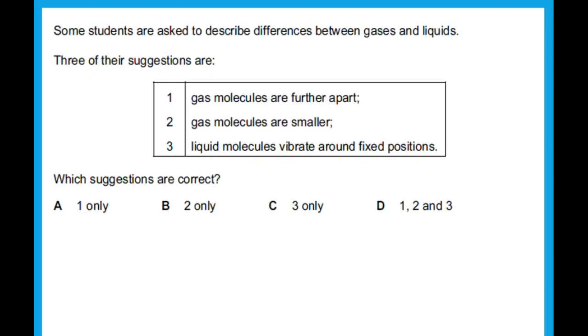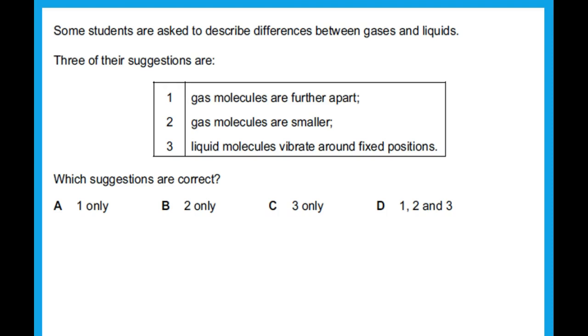Some students are asked to describe differences between gases and liquids. 3 of their suggestions are: gas molecules are further apart, gas molecules are smaller, liquid molecules vibrate around fixed positions. Now, I would take each statement and think about it. Is it correct or wrong? We're talking about differences between gases and liquids. So, statement 1 says gas molecules are further apart than liquids.